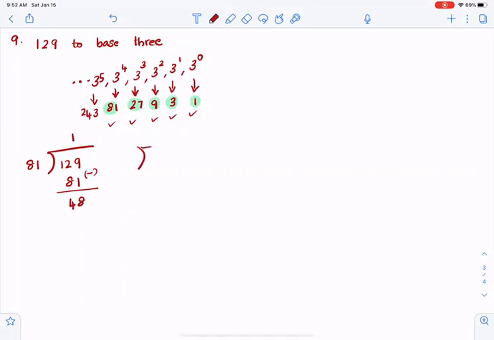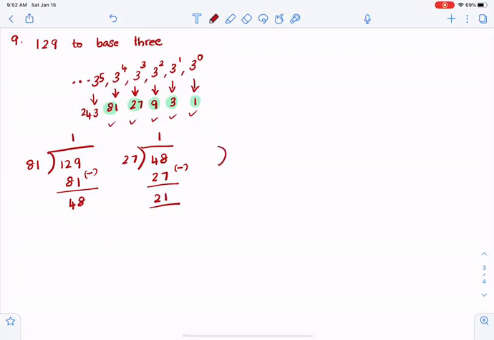So the next step would be to take the 48 and divide by 27. 27 times 1 is 27. I can't do 2 because 27 times 2 is 54, and we can't do that. So 27 times 1, 27. If I subtract, I get 21.